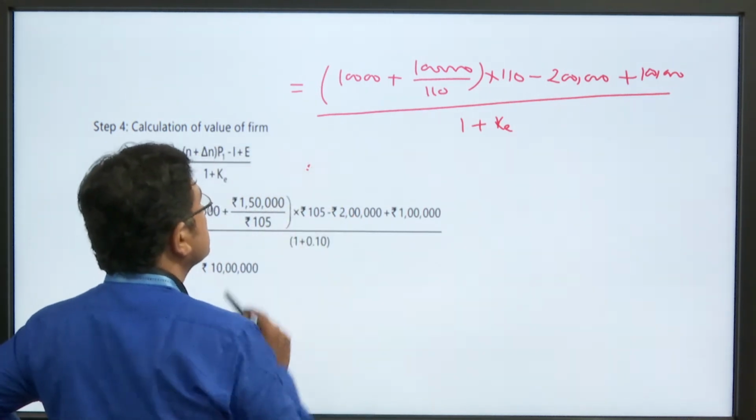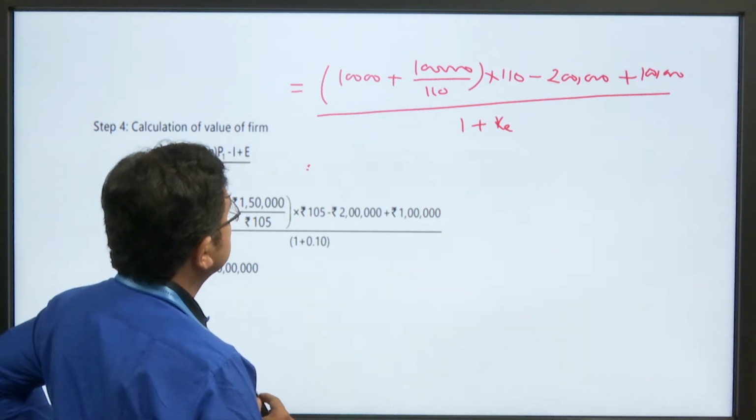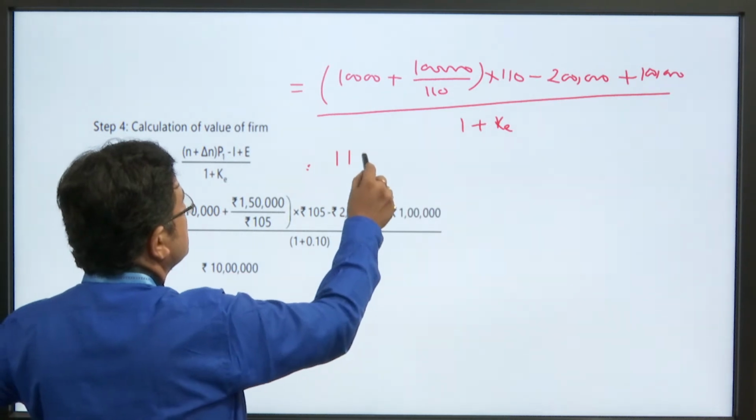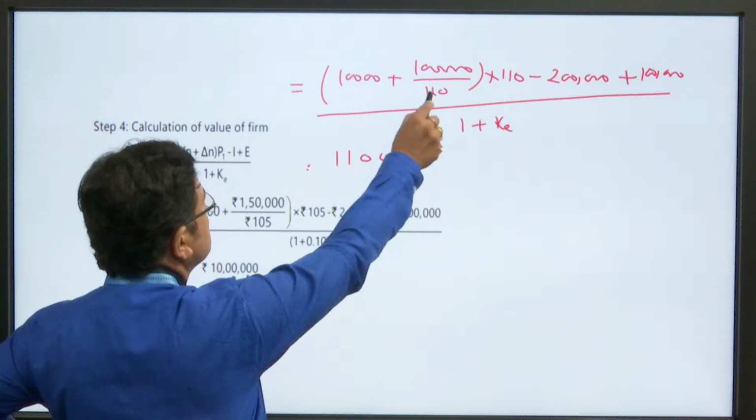Now, if we solve, then we find that 1 1 0 0 0 0 0, there are 5 zeros.